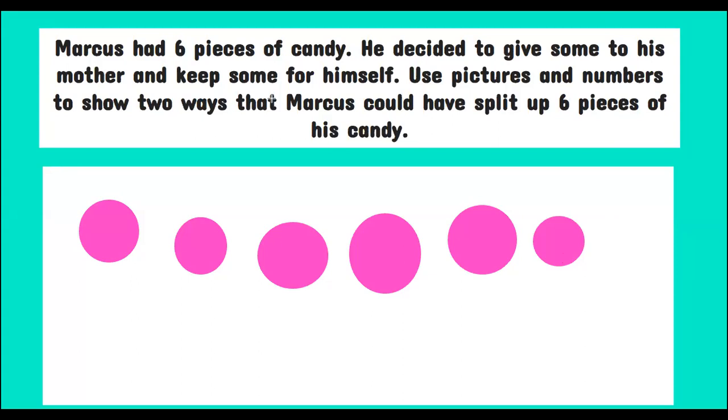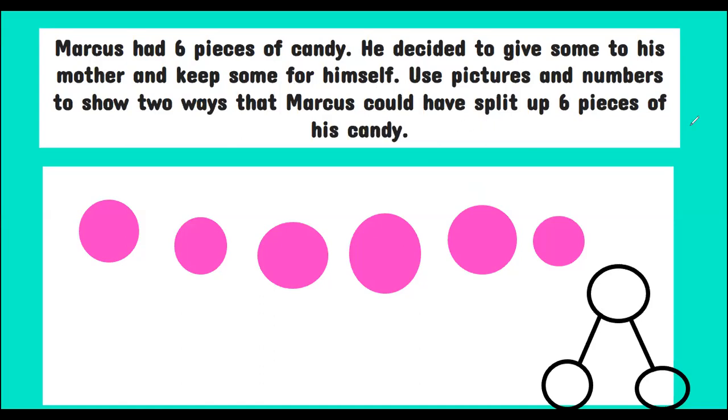So let me go ahead and draw my number bond. So I have my number bond. I have my 6 pieces of candy, but now I need a little bit of help.